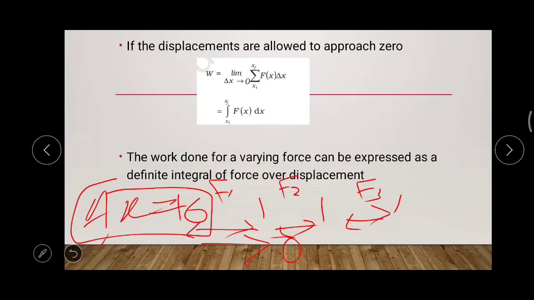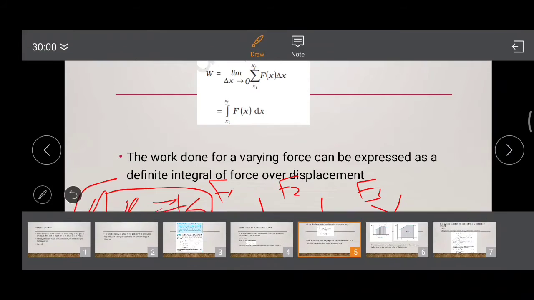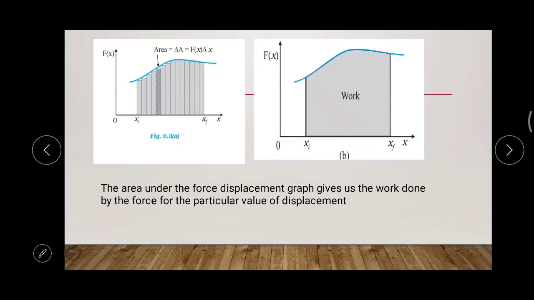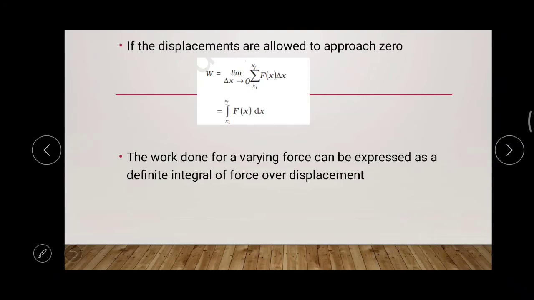So we can say the work done for a varying force, means as the displacement changes the force value is also changing continuously, and where the displacement delta x is approximately equal to 0 or tending to 0, can be expressed as the definite integral.